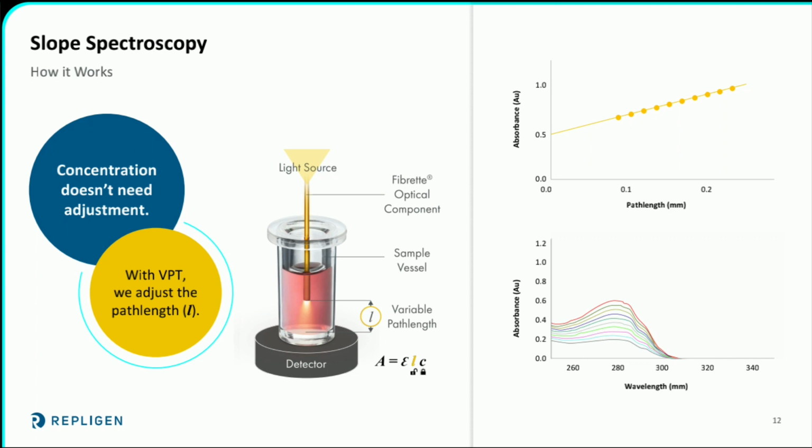MAB. So here I just want to point out 2 differences with slope spectroscopy. First, the light source is coming in from the top through the fibrette and out of the bottom to the sample vessel. The fibrette is a solid piece of material.